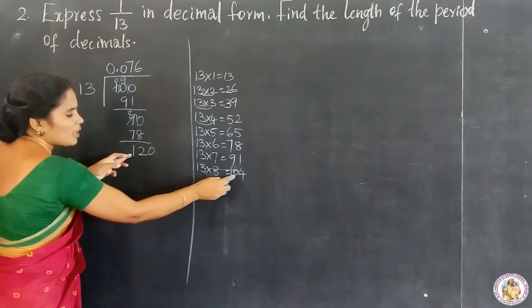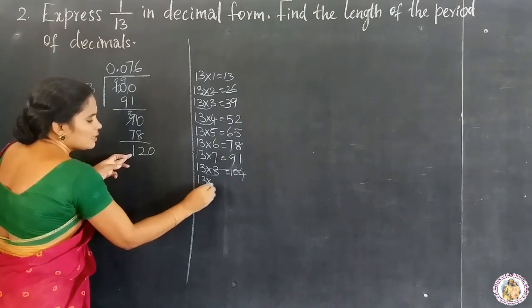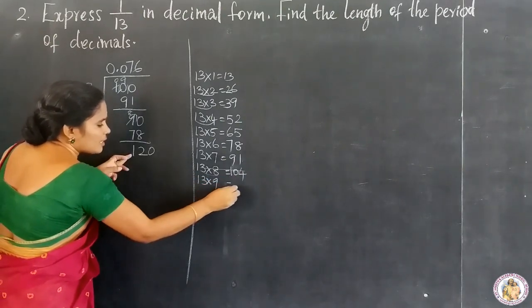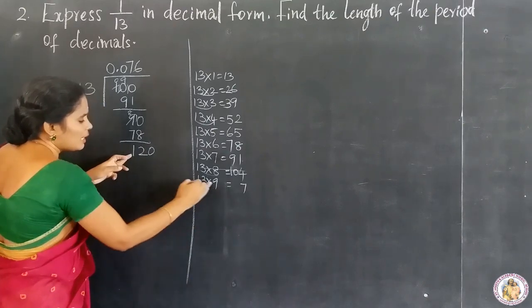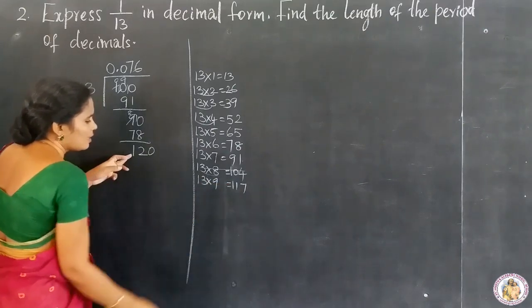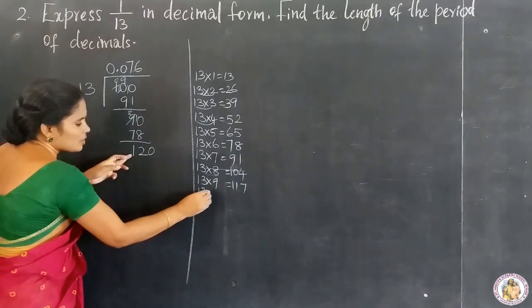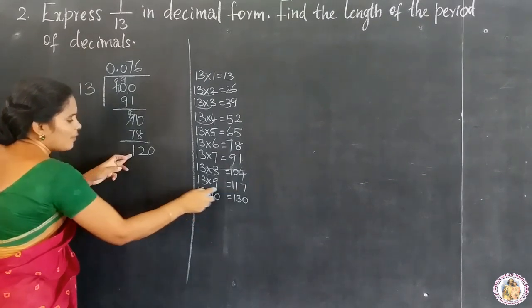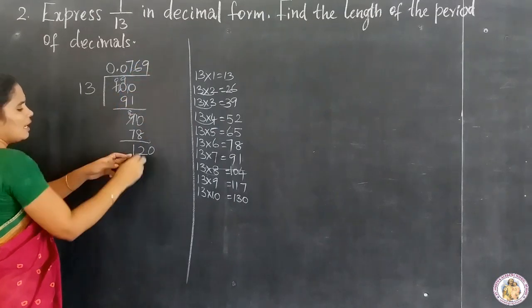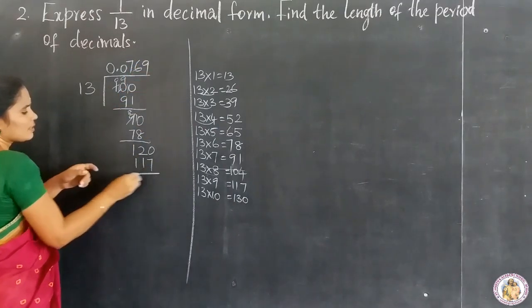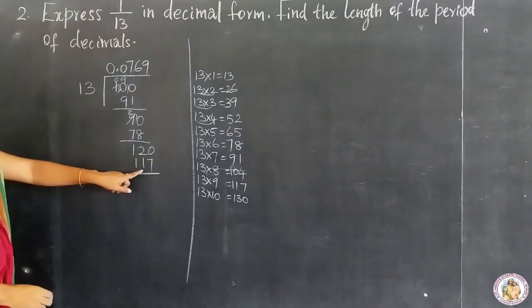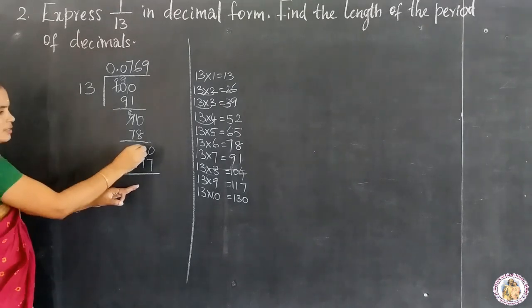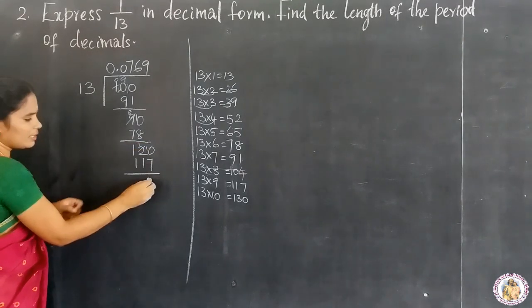So we have written up to 104. So go with 9. 9 13s are 117. So 120 minus 117 is 3.